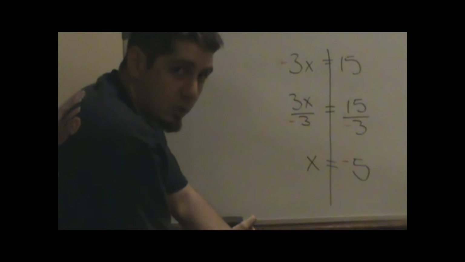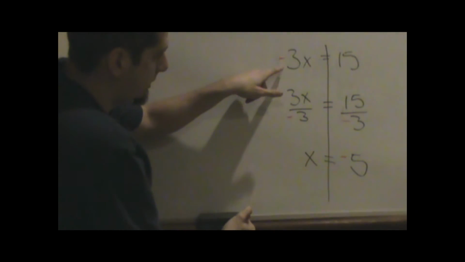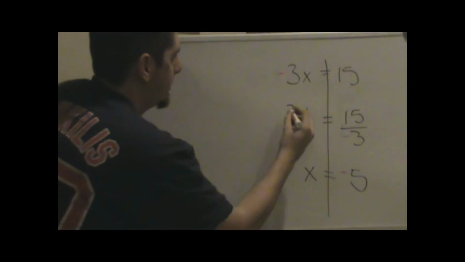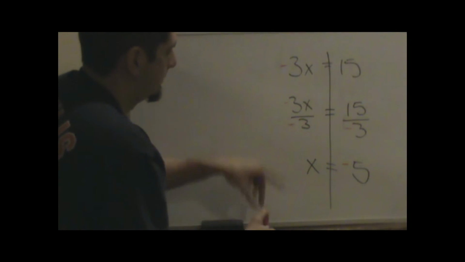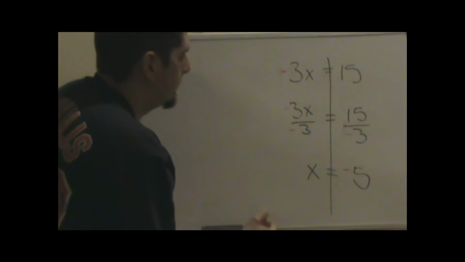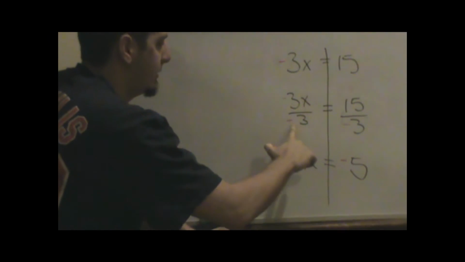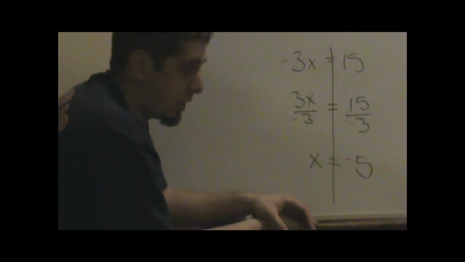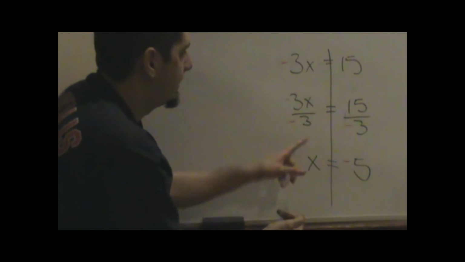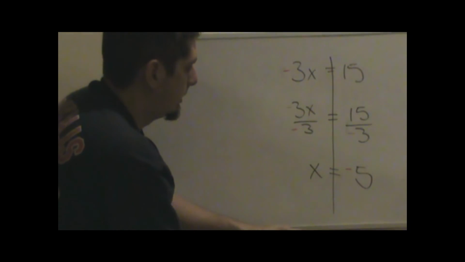Because, again, the operation changes, the number does not. If that number is negative to begin with, you need to make sure that when you go to get rid of it and you divide by negative 3, you're dividing by negative 3. A common mistake is that people divide by positive 3.